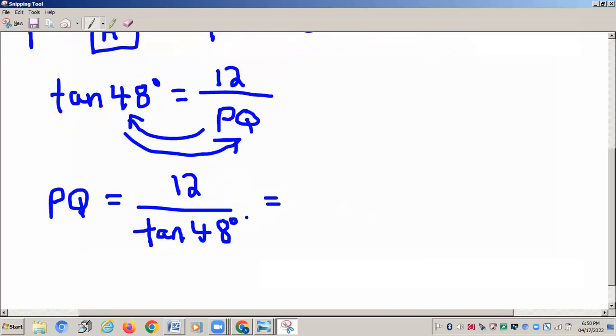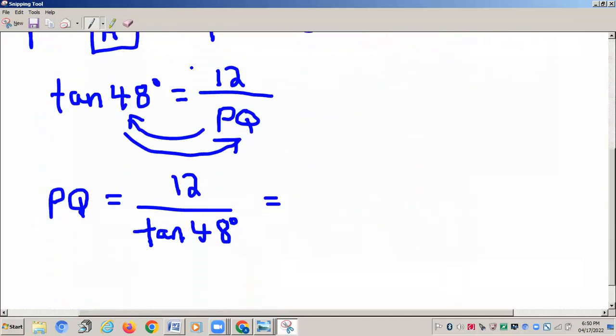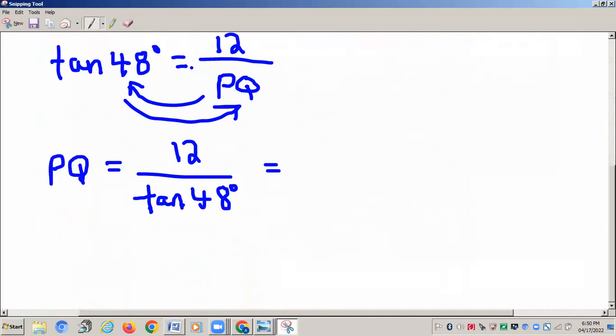What is 12 divided by tan 48? Press 12 divide tan 48 and tell me. 10.80.